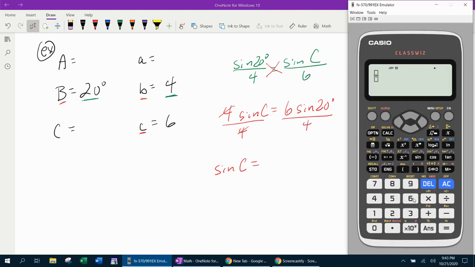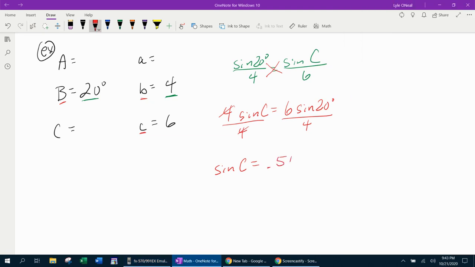Here we go. We've got 6 sine 20 divided by 4. Oh, and this is an intermediate step, so I need to take that to 4 decimal places, 0.5130 rounded.